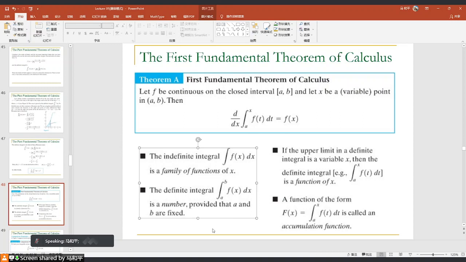If the upper limit in a definite integral is variable x, then the definite integral is a function of x.